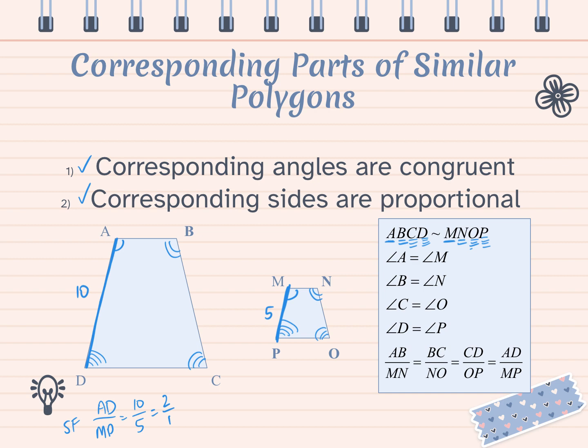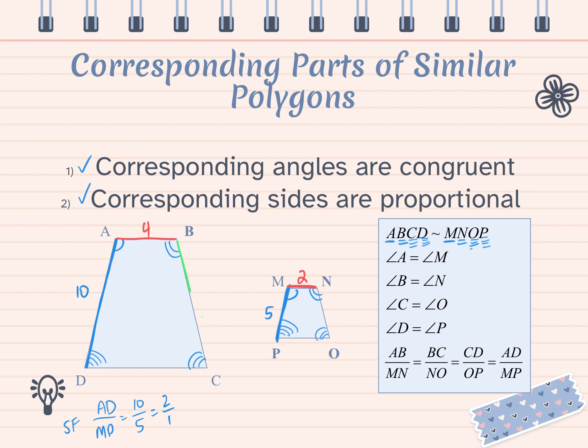So AB corresponds with MN. Even though they're not going to have the same length, let's say AB is 4 units long. We know that MN will be 2 units long. It's going to have that same 2-to-1 ratio, and so on and so forth.